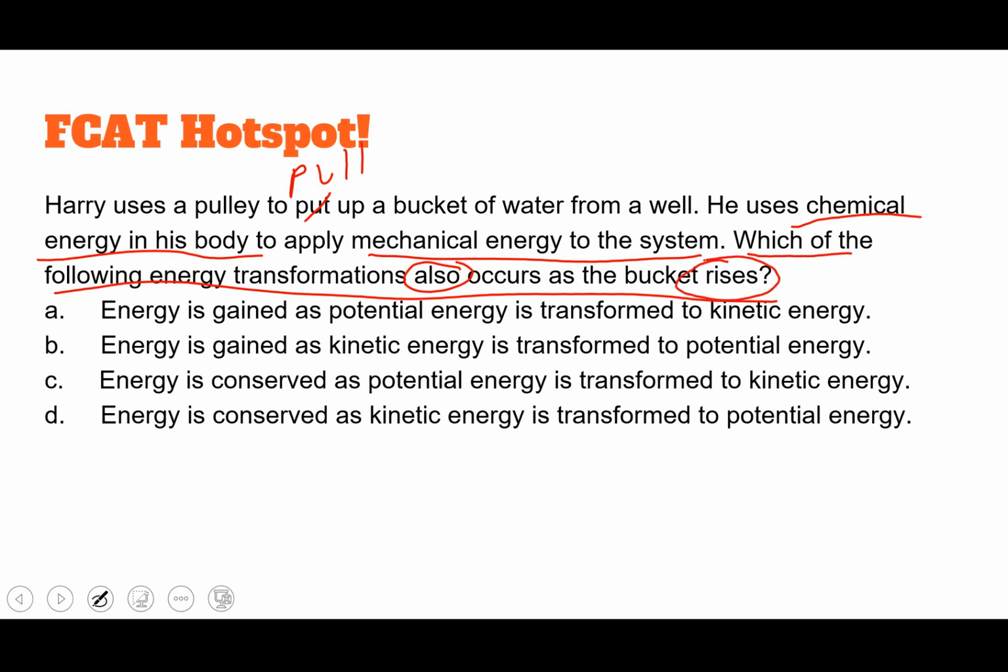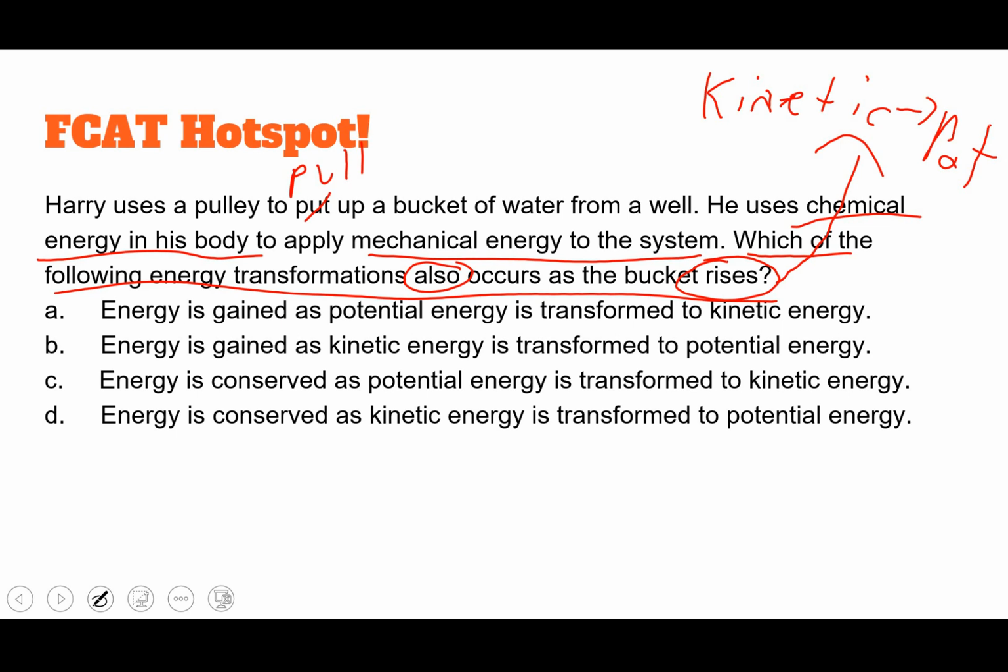So let's think about what we talked about with the watermelon. If you were to take the watermelon and drop it off the building, that was potential to kinetic. But if it rises, that should be kinetic to potential.